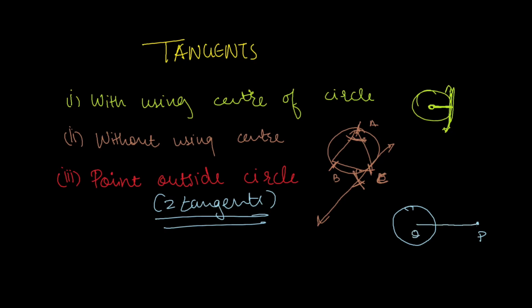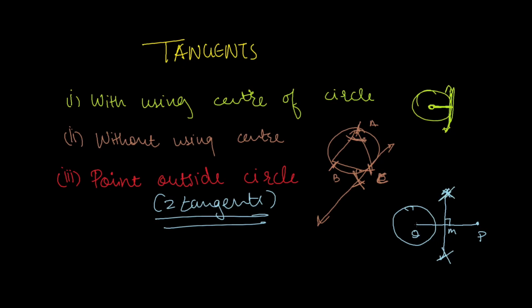You have to join OP, then you have to draw a perpendicular bisector like this, which will give your midpoint M over here. You know how to draw a perpendicular bisector: take more than half, draw two arcs from over here with the same measurement, then you will get your perpendicular bisector.